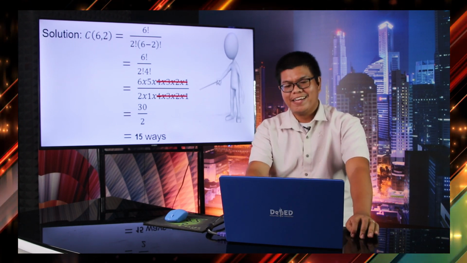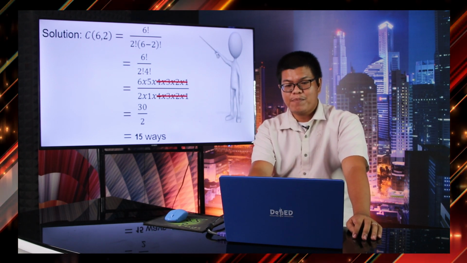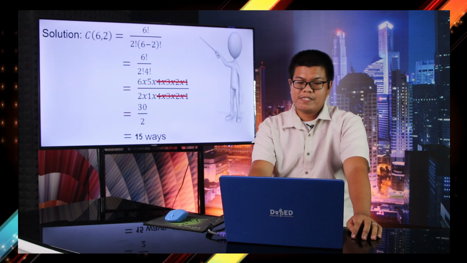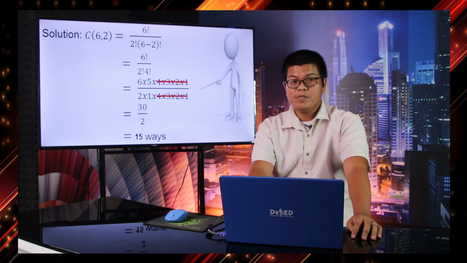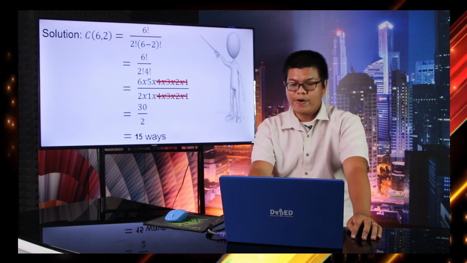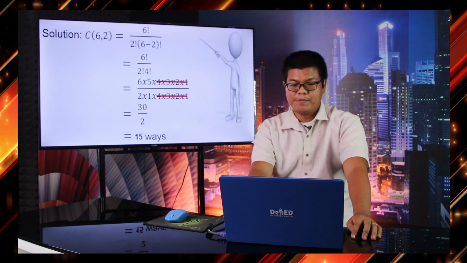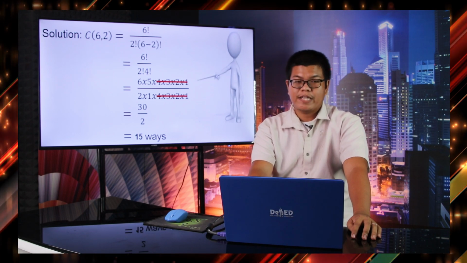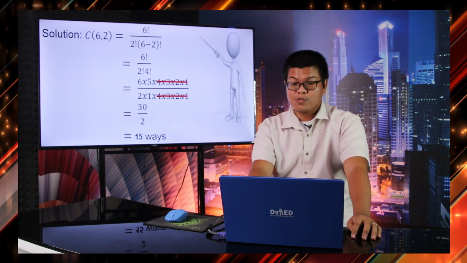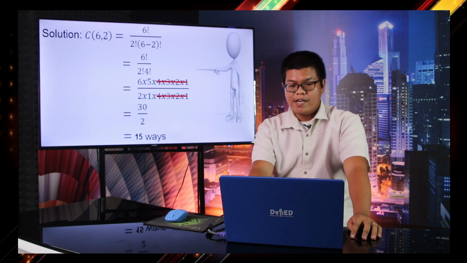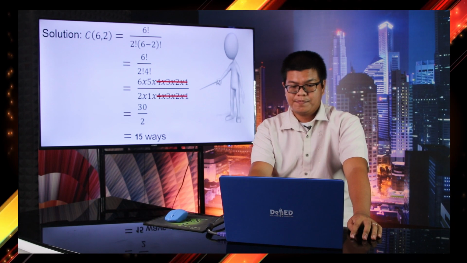To simplify, let's expand the numbers having a factorial. 6 factorial means 6 times 5 times 4 times 3 times 2 times 1. And 2 factorial means 2 times 1. Times 4 factorial means 4 times 3 times 2 times 1. After, let's cancel out the common.